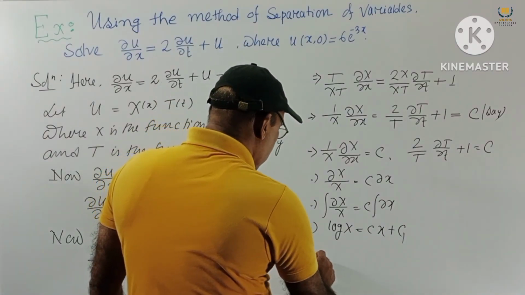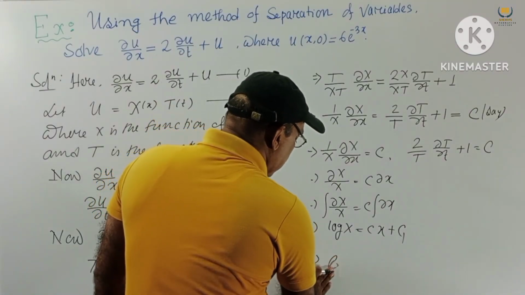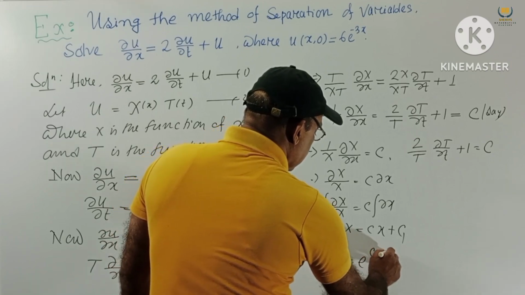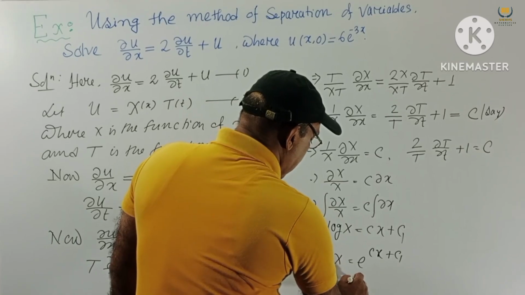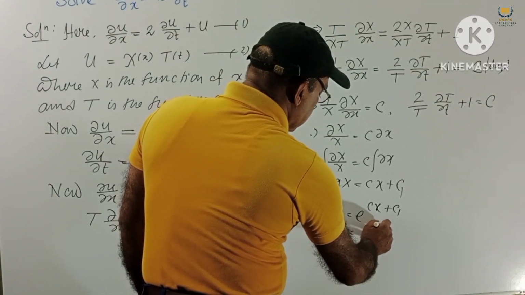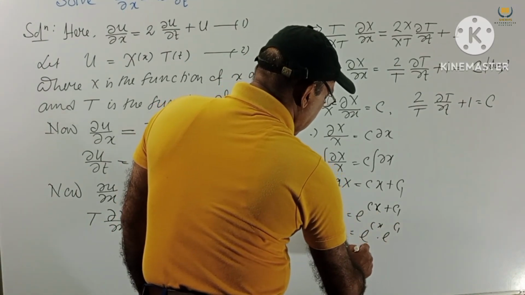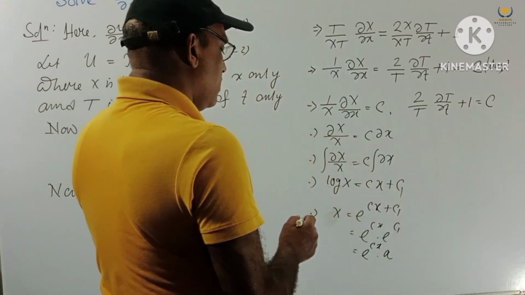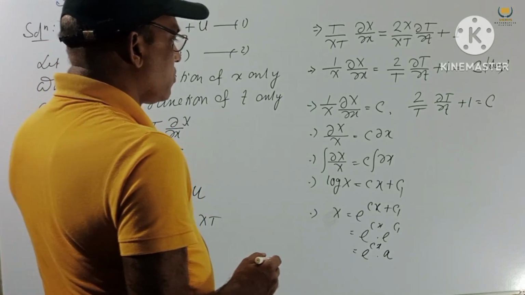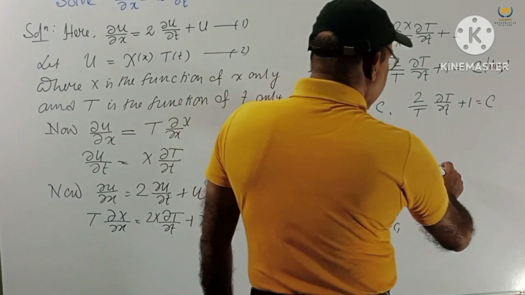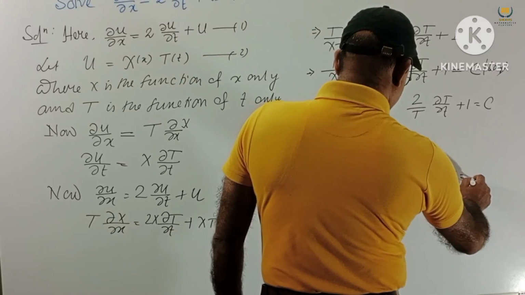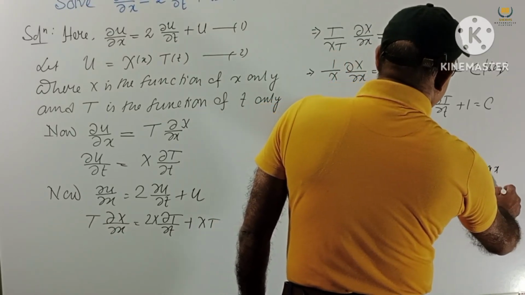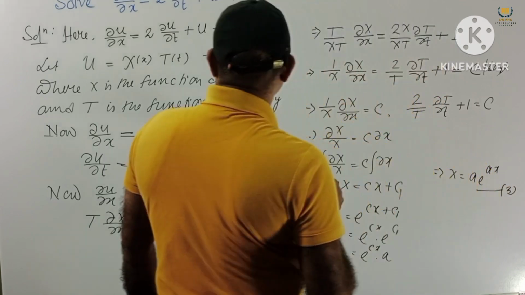If we remove this log, then X equals e to the power cx plus c1. And this can be written as e to the power cx into e to the power c1, and this e to the power c1 we call a. So finally we get X = a e^(cx). We consider this as number 3.